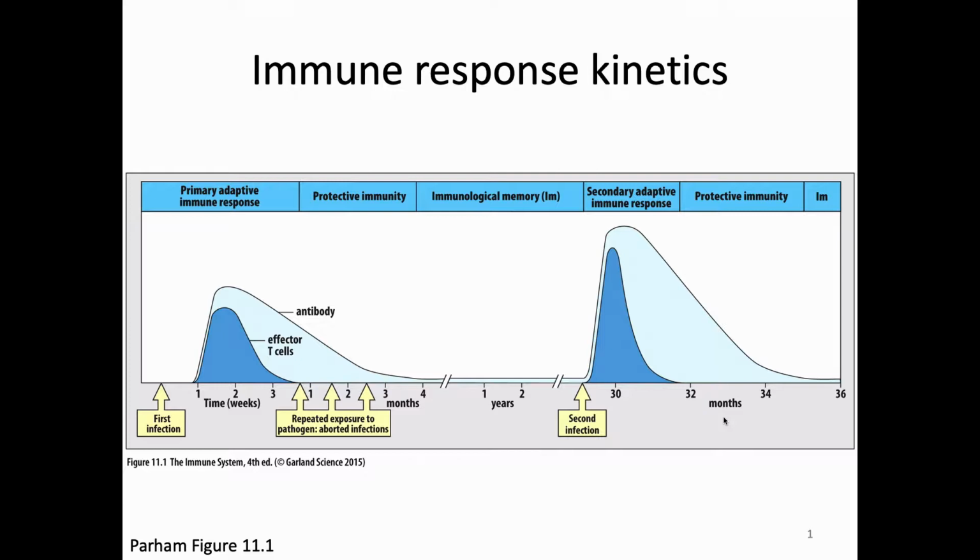If we have other infections while that primary response is still ongoing, those infections will be blocked quite early. We'll usually refer to those as abortive infections, where the infection stops before it can even get started. We'll see some examples of that as I give you applications of this material today.